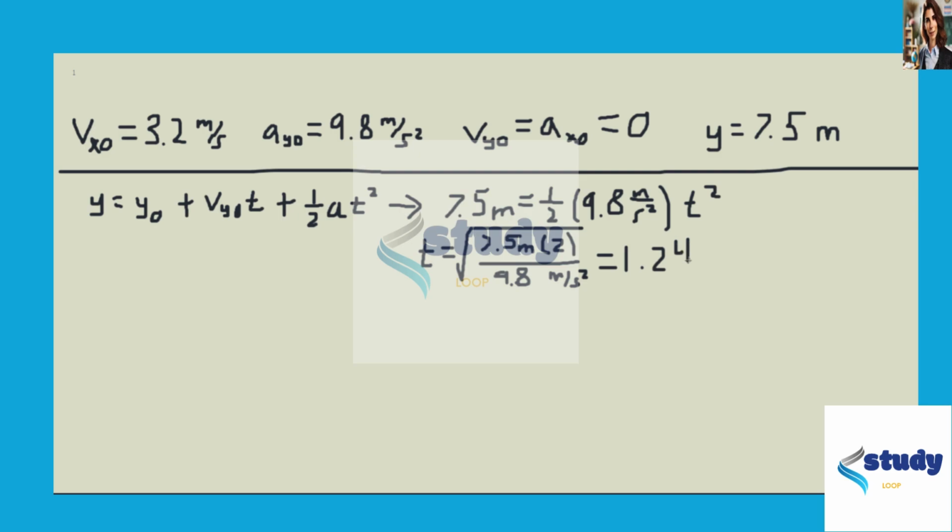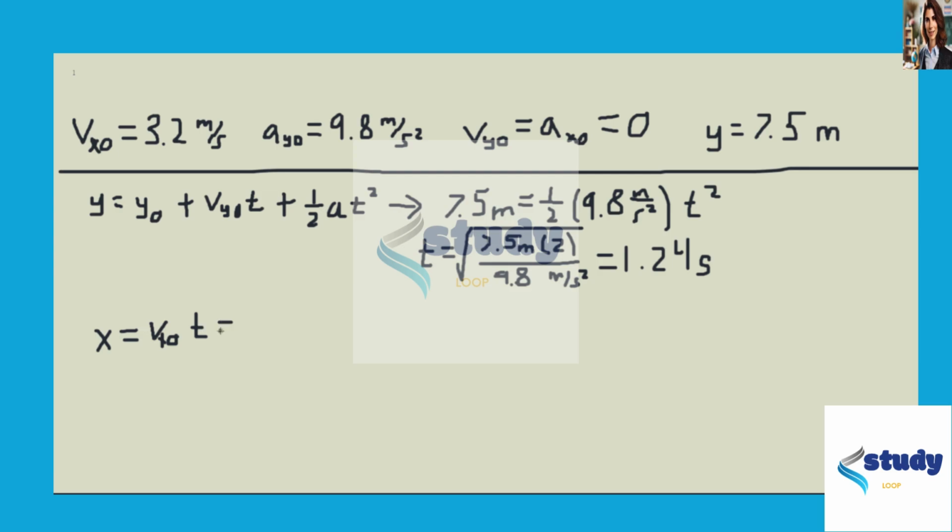So now we know how long the tiger is going to be in the air, and how long it's going to be traveling. Now we can figure out how far it travels in the x direction. The distance is going to be the velocity at which it's traveling, which is just v of x 0, because we assume it travels at a constant velocity the whole time, multiplied by the time.